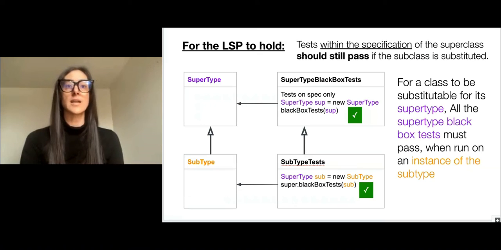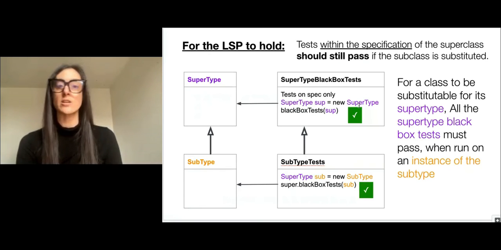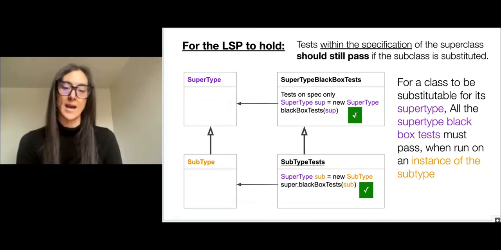Okay, so now let's look at this slide. The subtype has to pass the supertype's tests. When we're running our supertype tests, we of course instantiate our supertype if we can, if it's not an interface, we run our black box tests using the supertype instance, and they all pass.